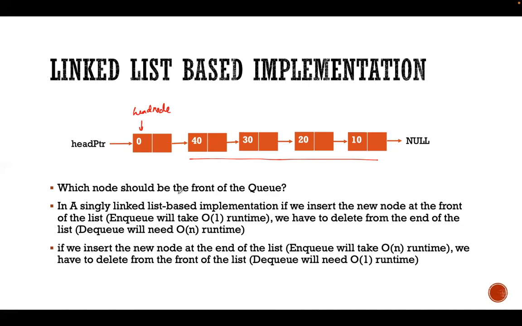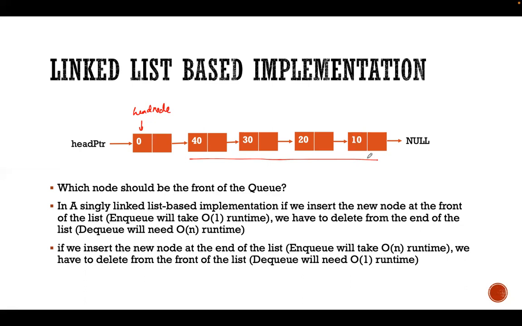So if we insert a new node in the front of the list, we have to figure out how do we enqueue a new item and how do we dequeue an item.